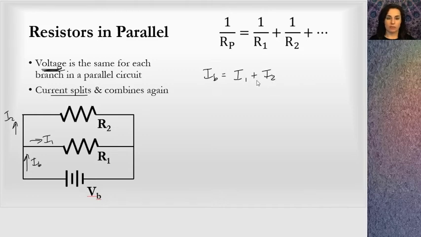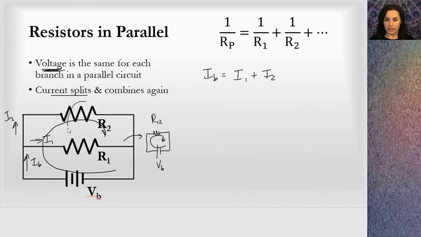Those are not the same values. But when I simplify this down to an equivalent circuit, I'm going to have the battery, the plus and minus plate, and some sort of equivalent resistor, R12. There's one current in here, I battery, the current that came from the battery.